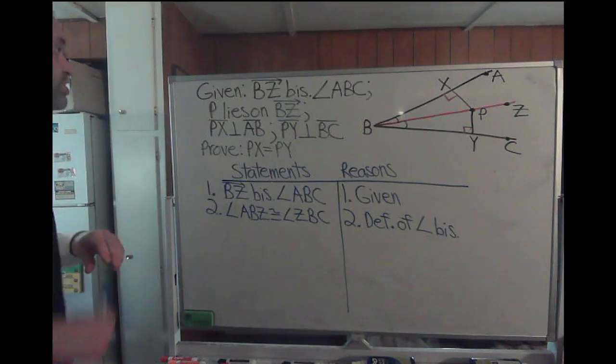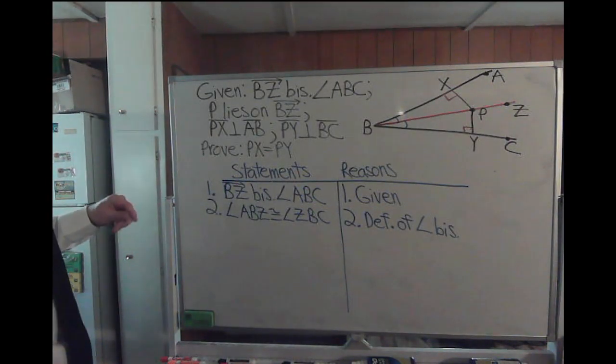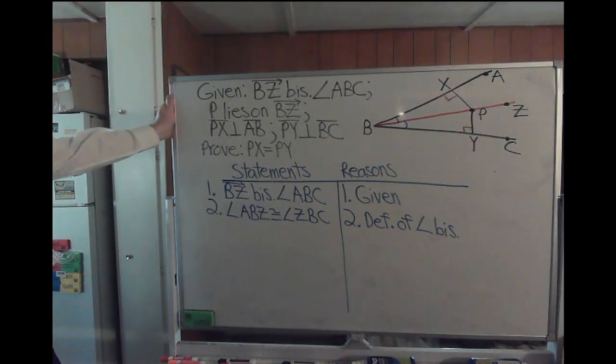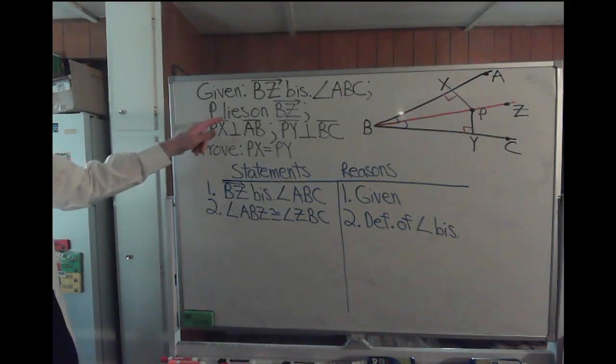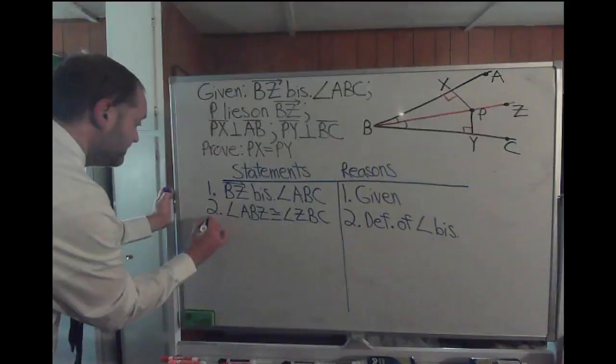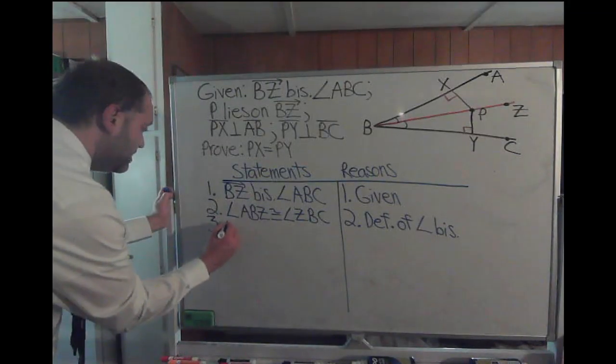All right, what else do we have? We also have here that P lies on BZ, of course. We'll use the rest of the given information here.